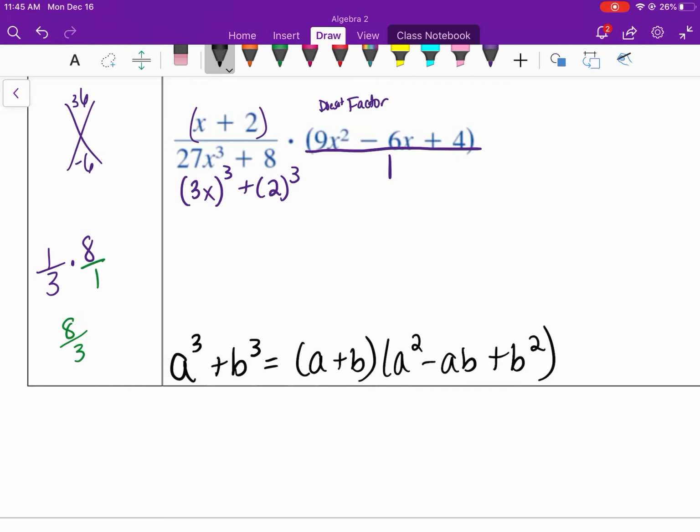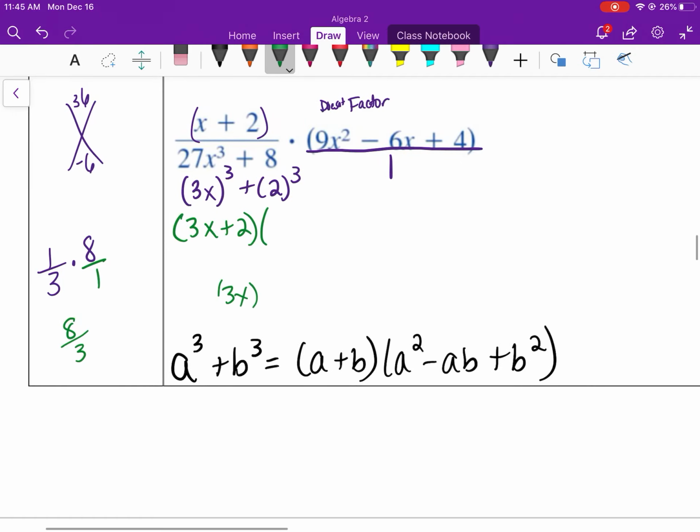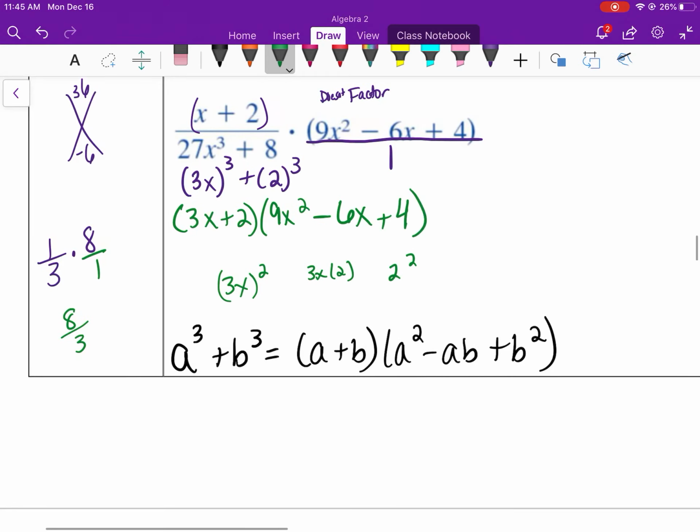So this will factor to a plus b will be 3x plus 2. Then a squared will be 3x squared, and 3x squared is 9x squared, minus ab will be 3x times 2, so 6x, and then b squared would be plus 4.